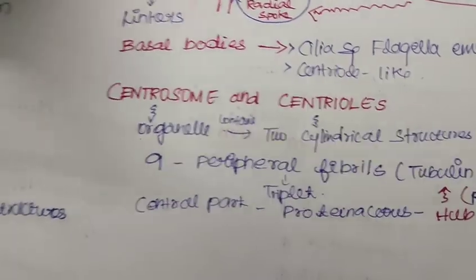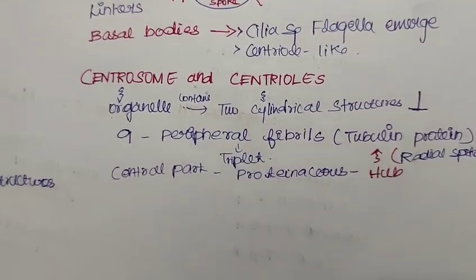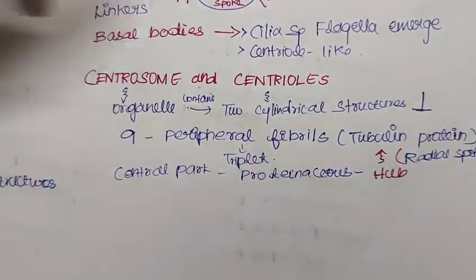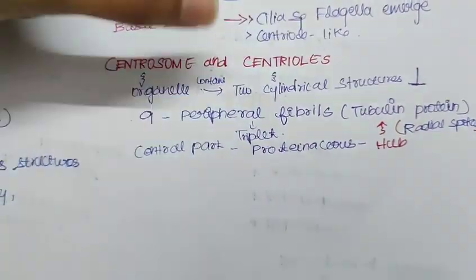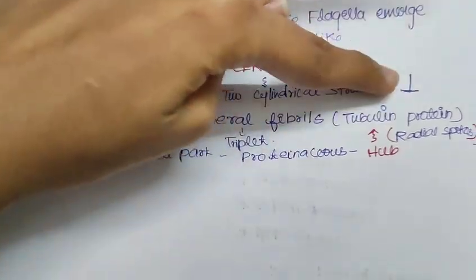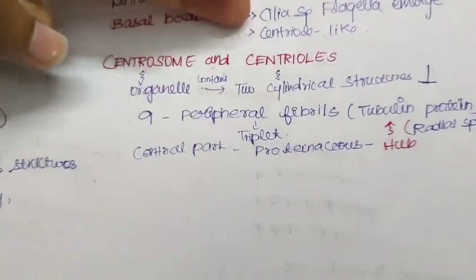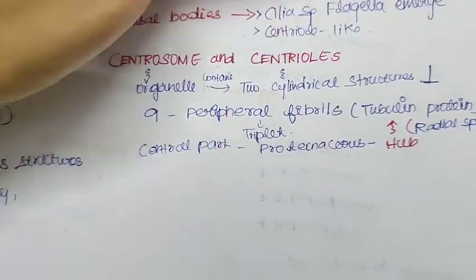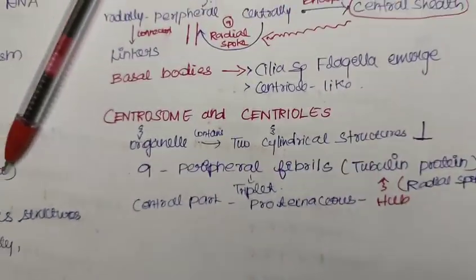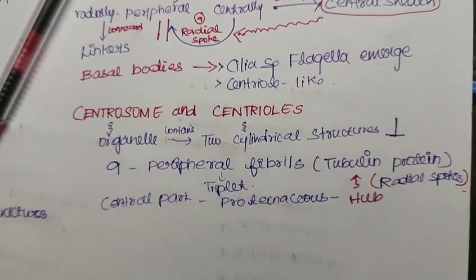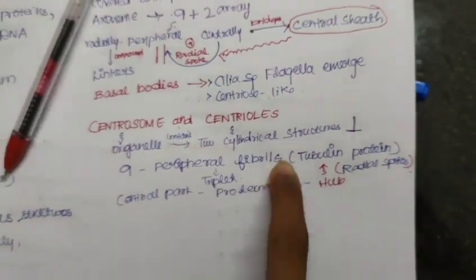Now we will talk about the centriole. Centrosome and centriole. The centrosome is an organelle which contains the centrioles. These centrioles are cylindrical in structure, and in the centrosome we have 2 cylindrical structures, that is, centrioles, arranged perpendicularly. As in cilia and flagella, here also we have 9 peripheral fibrils, but these are in triplets.